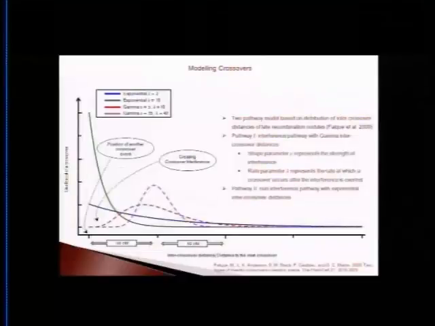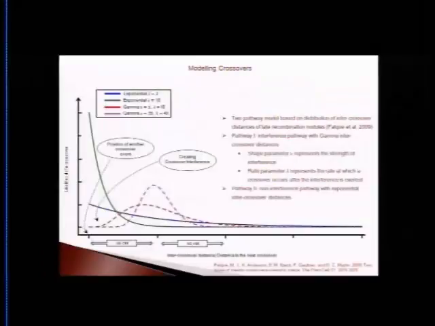The first pathway was an interference pathway, where the interference meant that if there is a crossover position that we determined at a point, then there couldn't be another crossover in the vicinity of it, which has a biological interpretation.